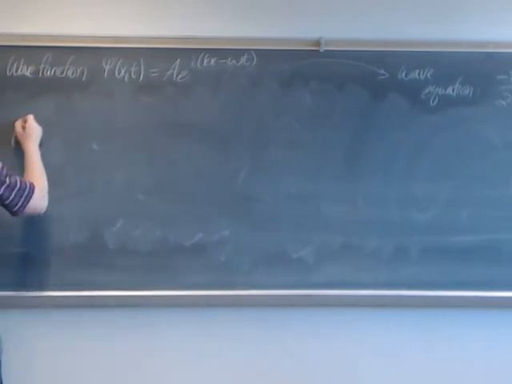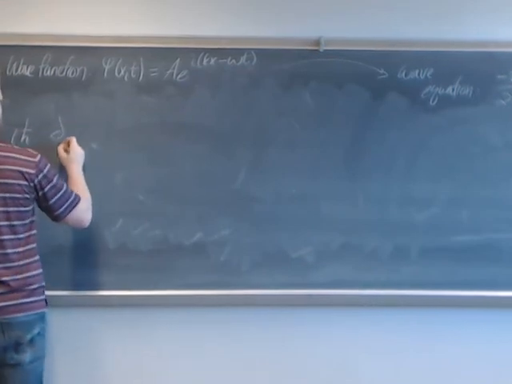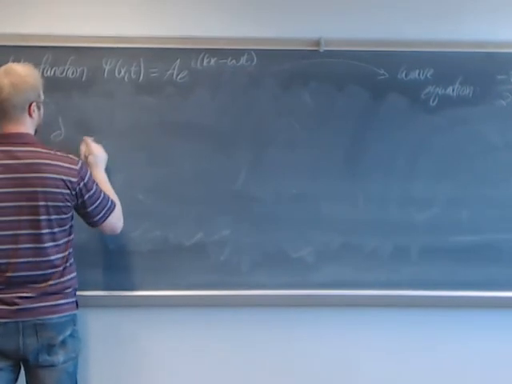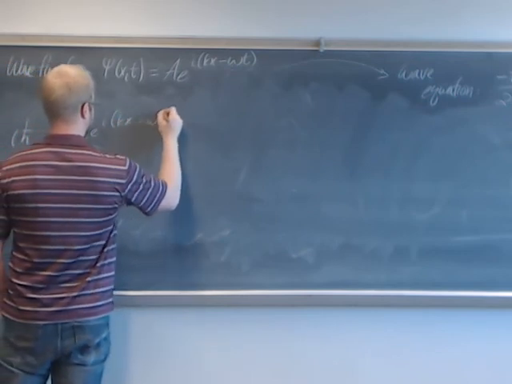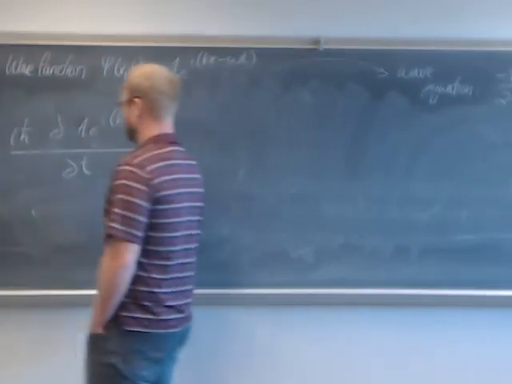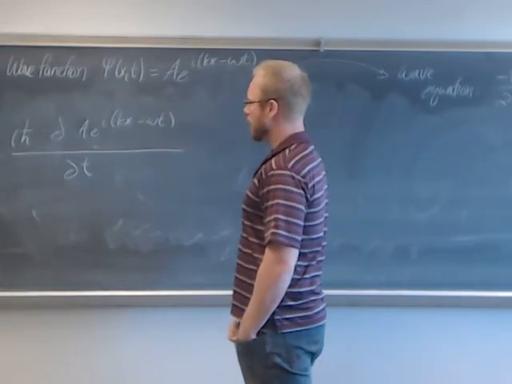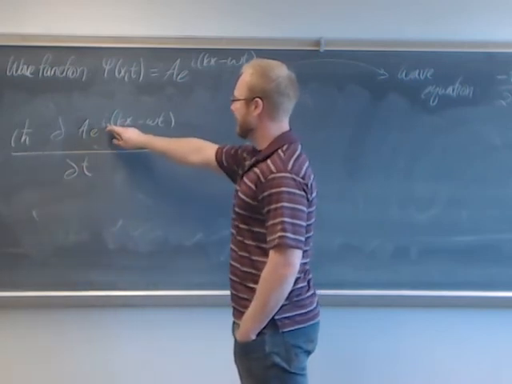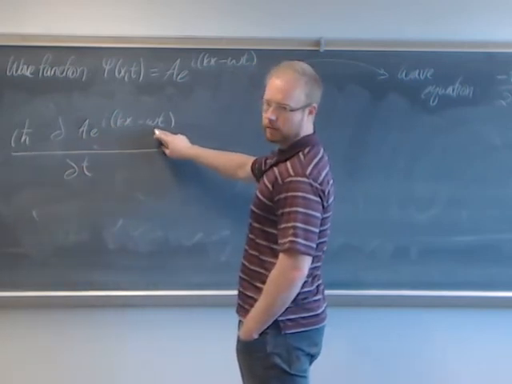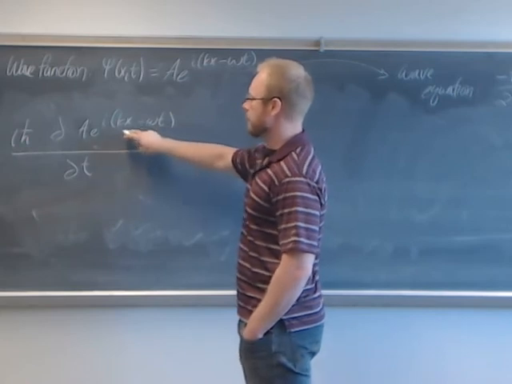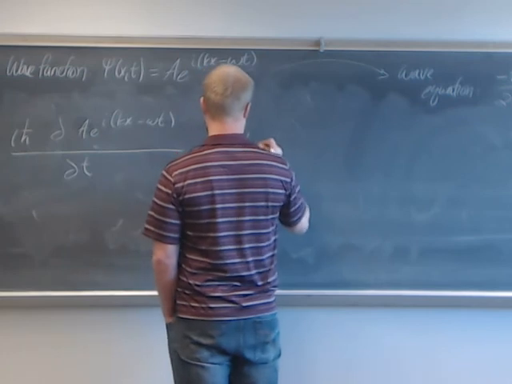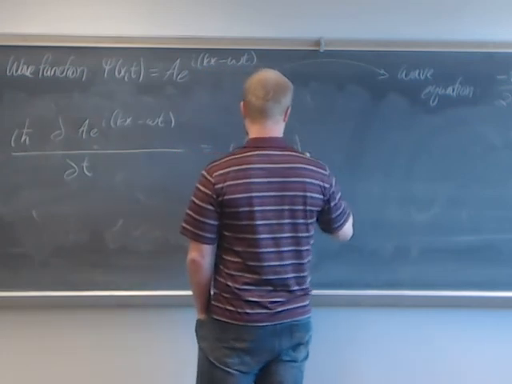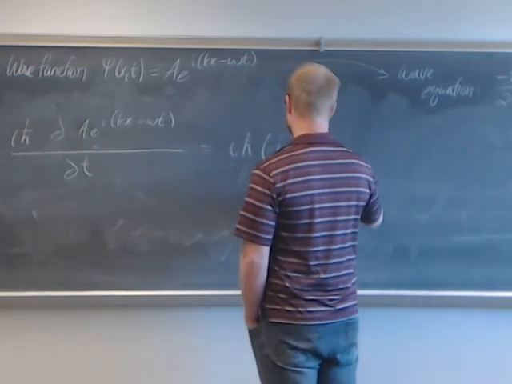So if we have iħ times, let's write it out, all divided by our partial derivative with respect to time. The only thing that's going to come out of this is an iω, but it's going to be a negative iω. So we will end up with iħ times negative iω times our psi function back.